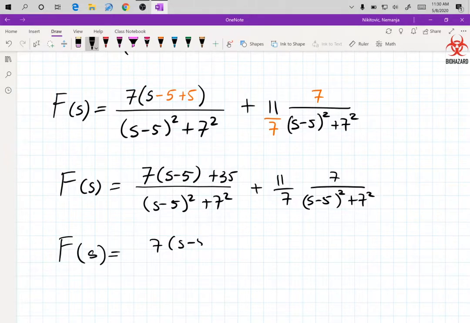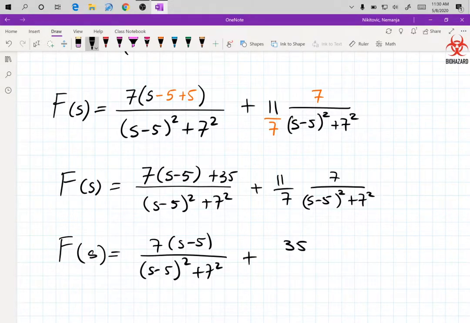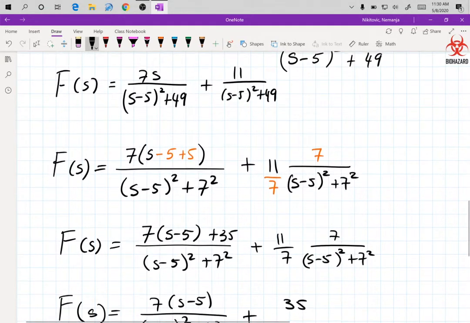7 times s minus 5 over s minus 5 squared plus 7 squared plus 35. See, this is a bad thing, because I went through all of these calculations here, where now I will be adding 11, and then I have to mess with the common denominator and so on. So this was a bad call to actually deal with this stuff.